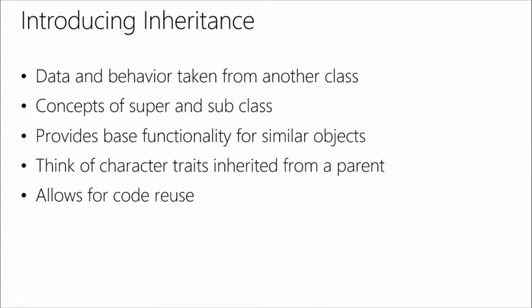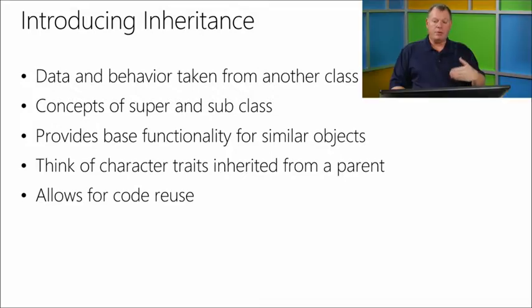This creates the concept of what we refer to as superclasses and subclasses, or base class and derived class. There's different terms that you can use for it, but a superclass or a base class becomes sort of the parent, and the derived class or subclass becomes the class that does the inheriting. It's the one that collects those values from the parent class or from the superclass.